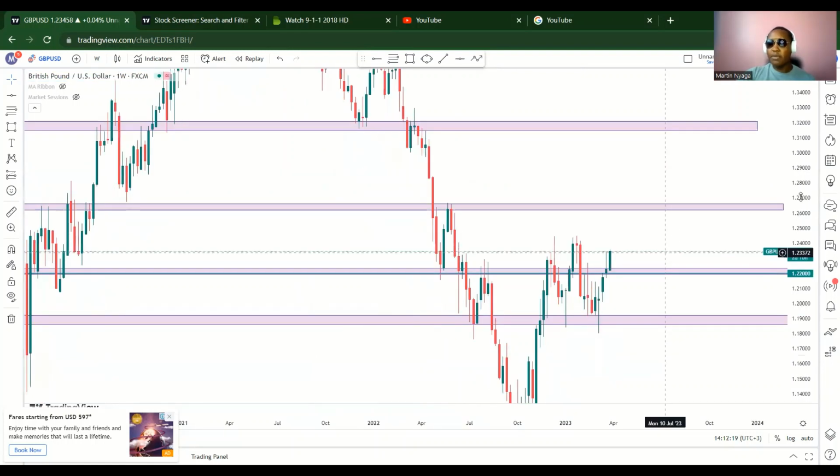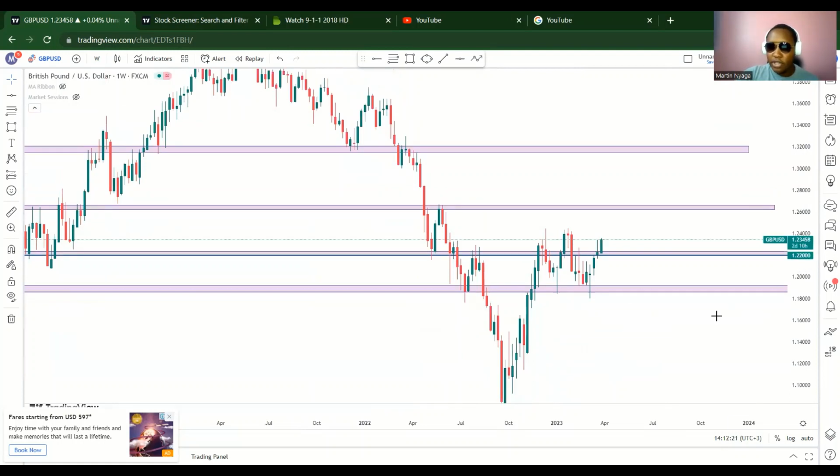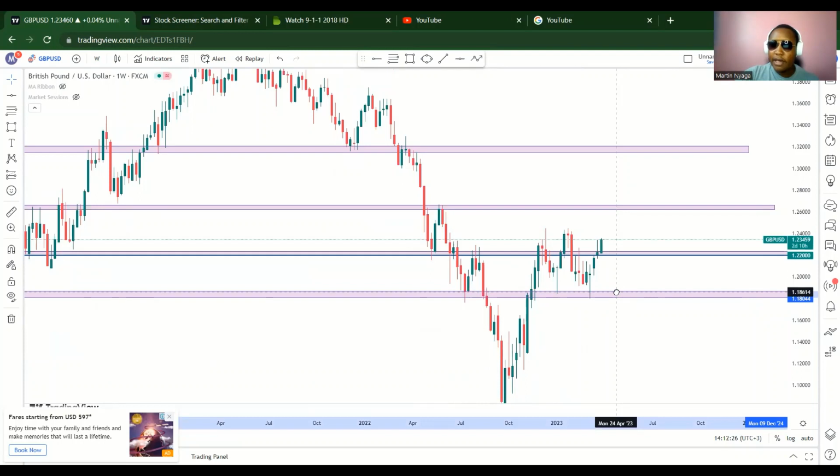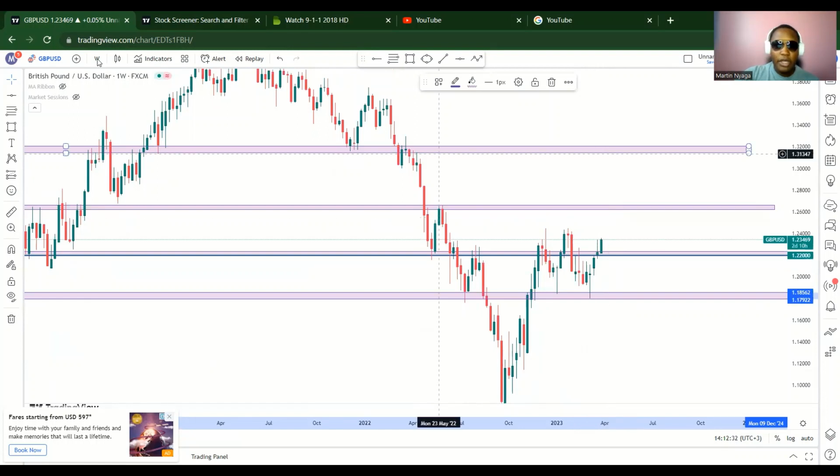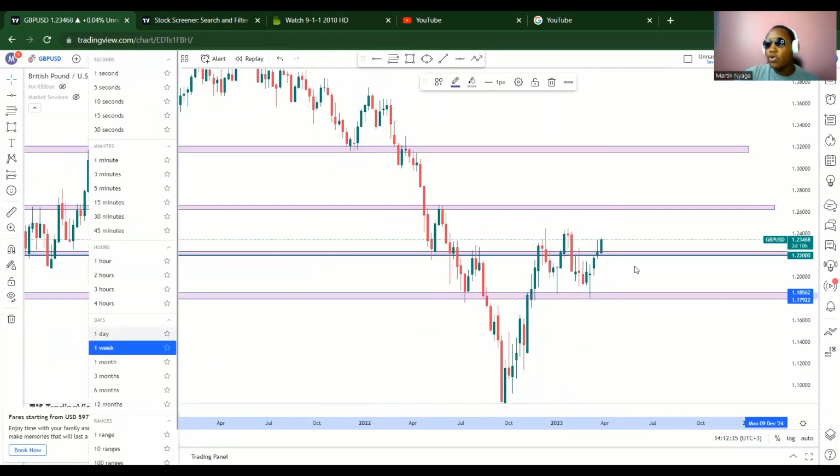So right now, if you're a support and resistance trader, we can say that for this current market, our market is bullish for a couple of weeks. This is also transferred onto the lower time frames.